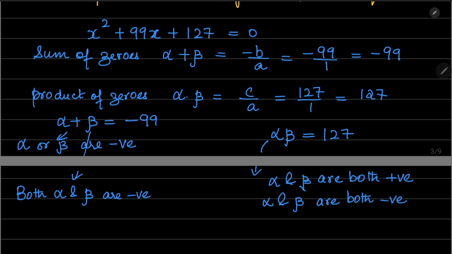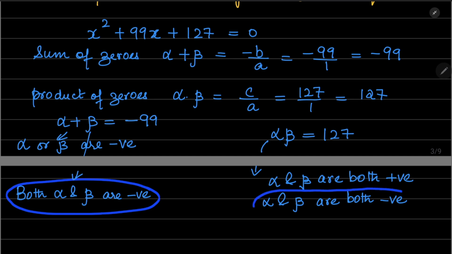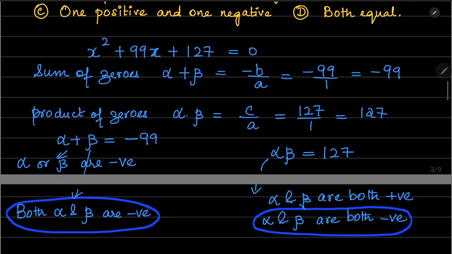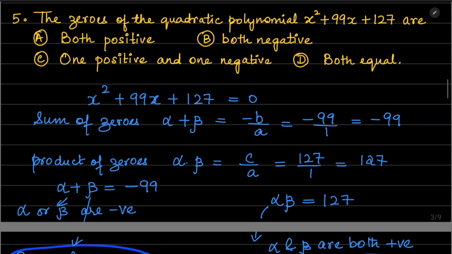In order to make the product positive, either both are positive or both are negative. Now, among these scenarios, which is the one condition which is common? If both alpha and beta are negative, then your sum will be negative, and in the second scenario the product would also be positive. So the correct answer is both alpha and beta are negative. So it's option B, which is the correct answer.